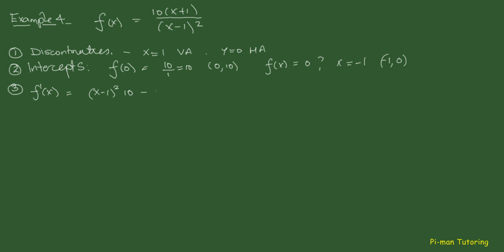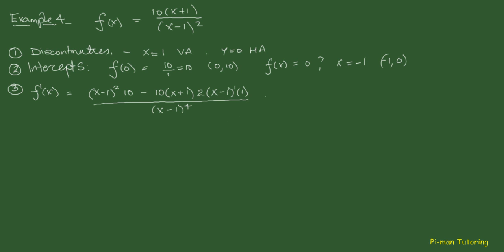We subtract from that the numerator multiplied by the derivative of the denominator. So we bring down the 2. That gives me x minus 1 to the power of 1, and then we multiply by the derivative inside the bracket, and that's just another 1. And finally we divide all of that by the square of the denominator, which takes us from x squared to x to the power of 4.